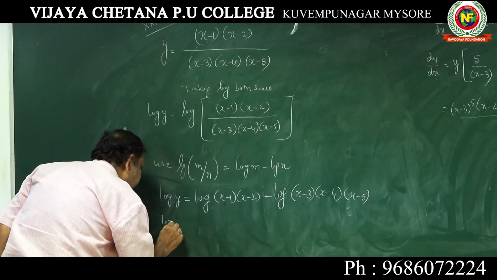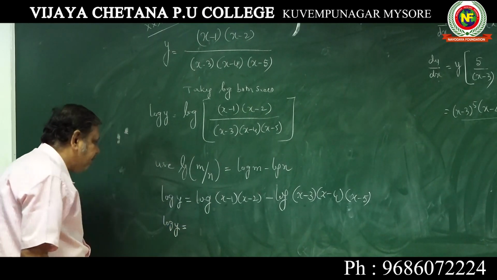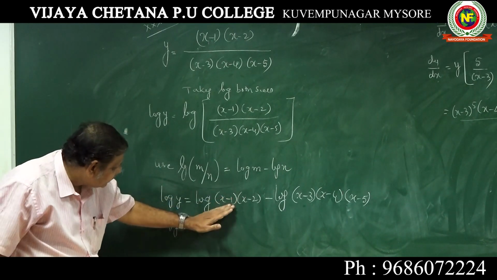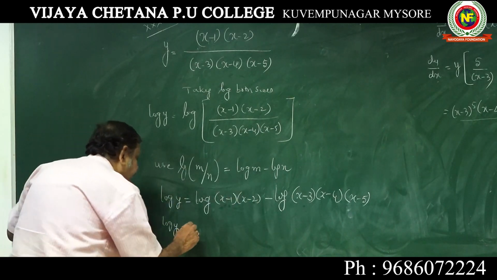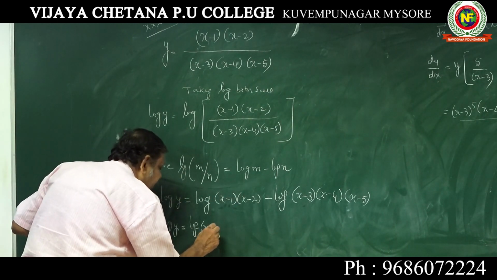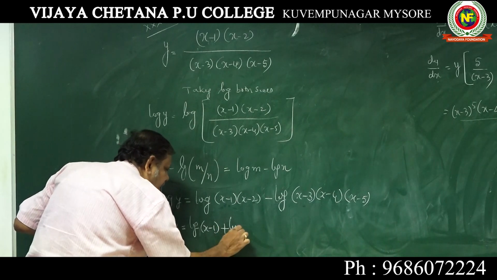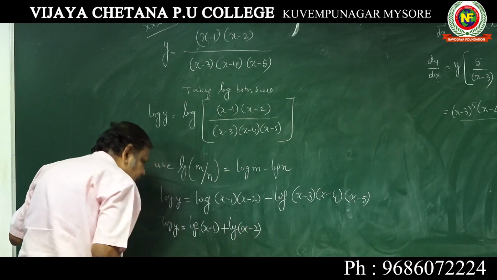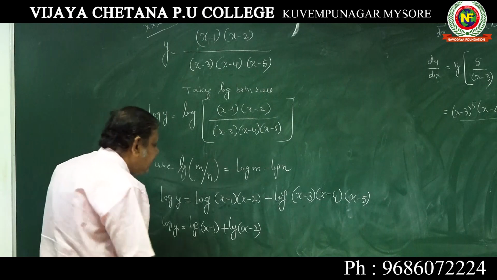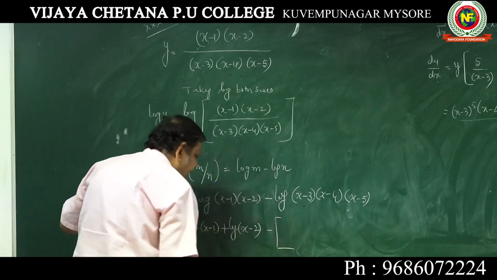Now again log y is equal to, this is a very important thing, log mn is log m plus log n. You should write log of x minus 1 plus log of x minus 2. Similarly minus, open a big bracket here.